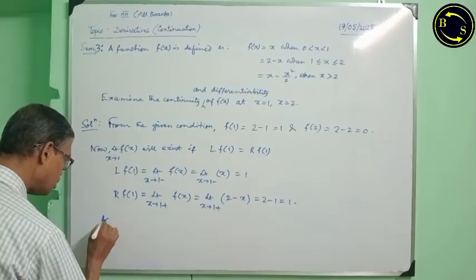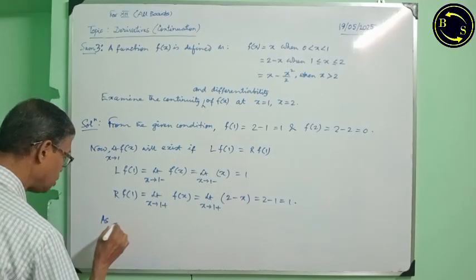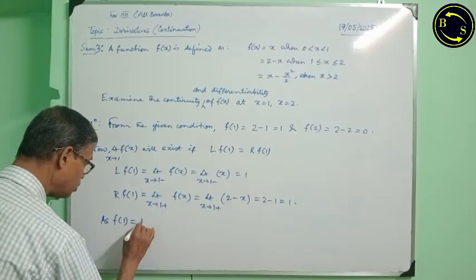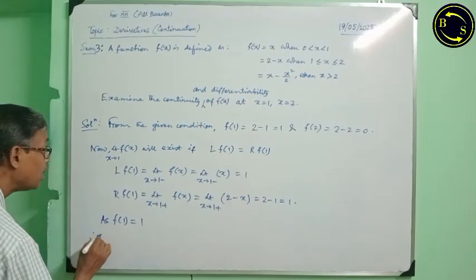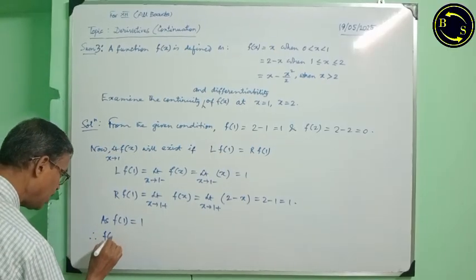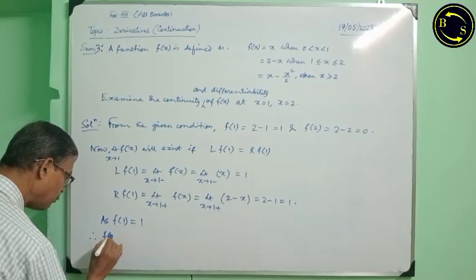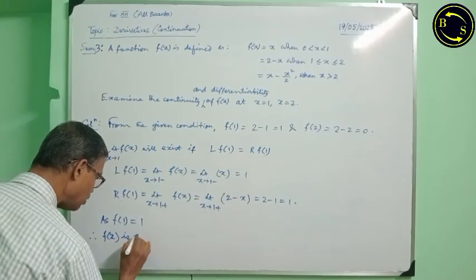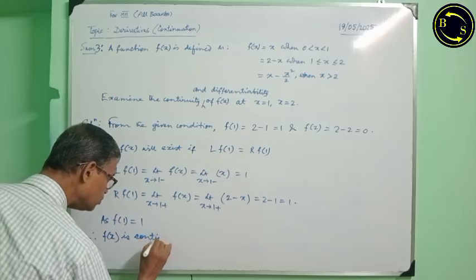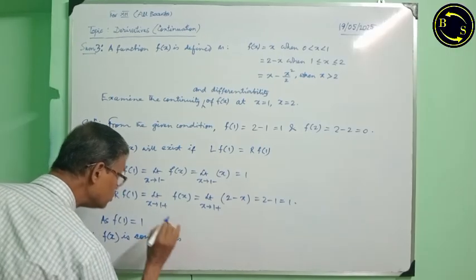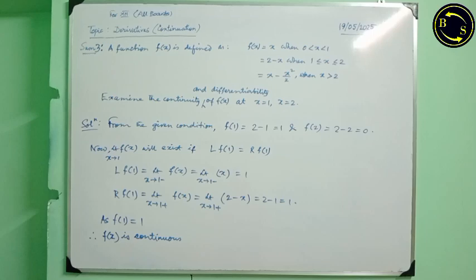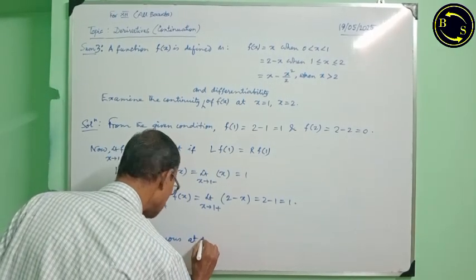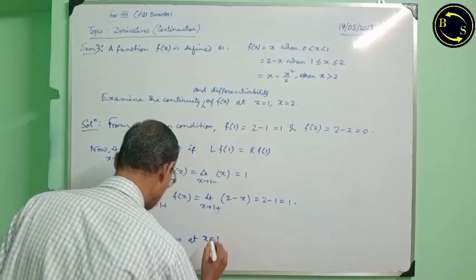As we have already got that value, f1 is also 1. Therefore f(x) is continuous at x equal to 1.